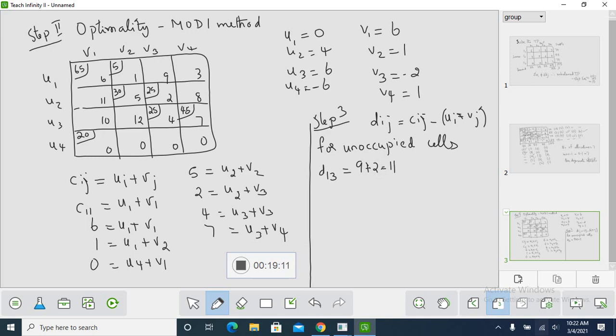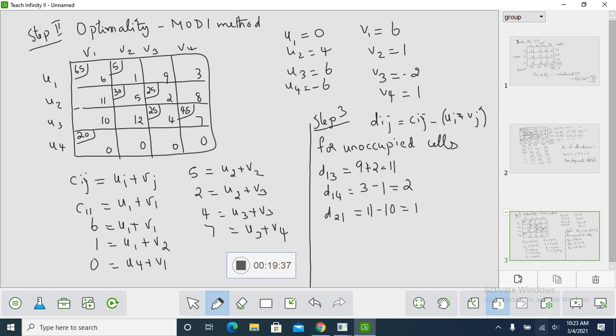Then I calculate D14. My C14 value is 3. So 3 minus (U1 plus V4). So it is 3 minus 1, value is 2. Then I calculate D21. My D21 is 11 minus (U2 plus V1). V1 is 6, U2 is 4. 11 minus 10, value is 1.